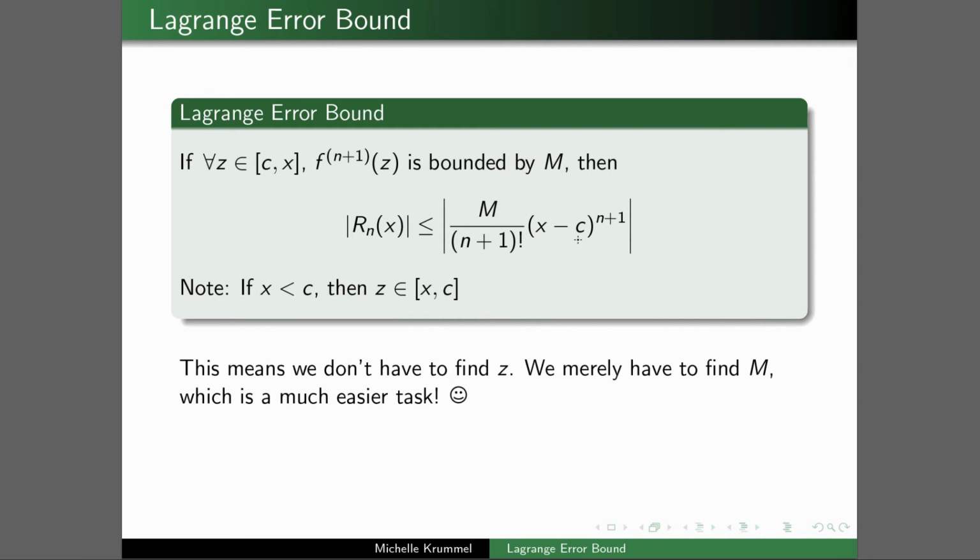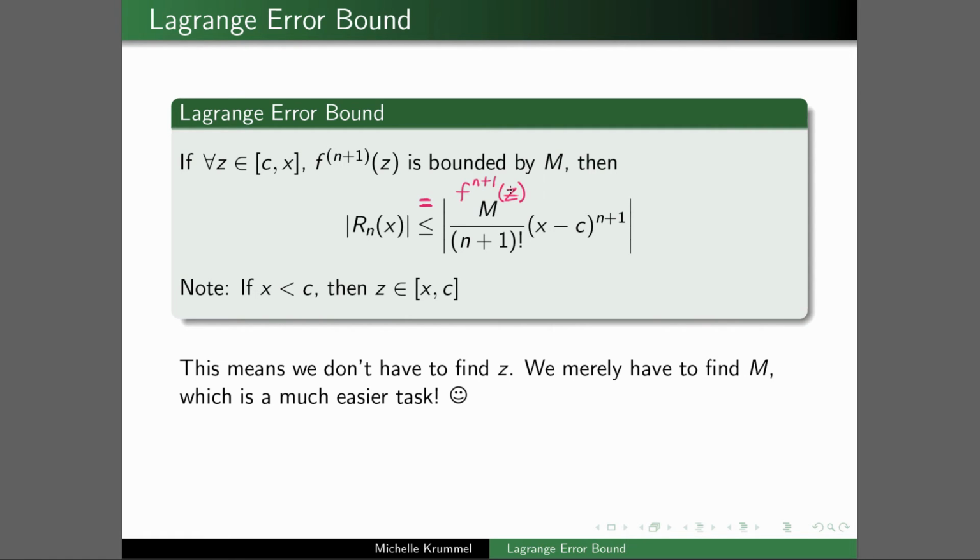This is very similar to what we saw with Taylor's remainder theorem, but with Taylor's remainder theorem we had an equal sign here. Taylor's remainder theorem told us the exact value of the remainder, but to get the exact value of the remainder we had to know what this magic number z is equal to, and then we can find the n plus first derivative evaluated at z.